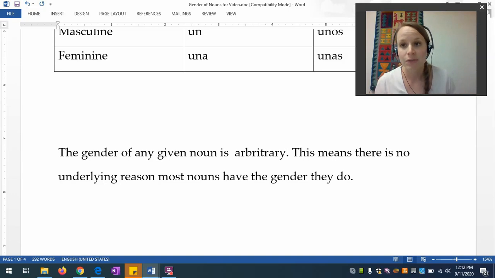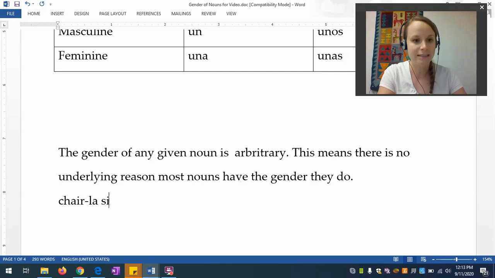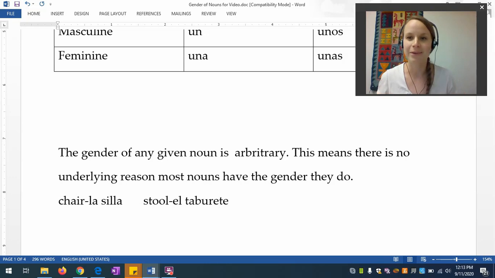For instance, the word for chair is la silla, but the word for stool is el taburete when we're talking about the stool that you sit on. And so these 2 words are talking about the same thing. There's no real reason why one is feminine, one is masculine.